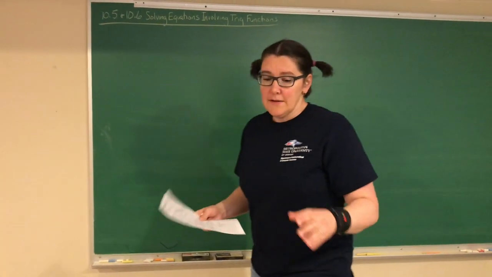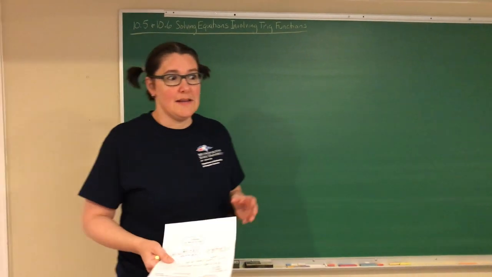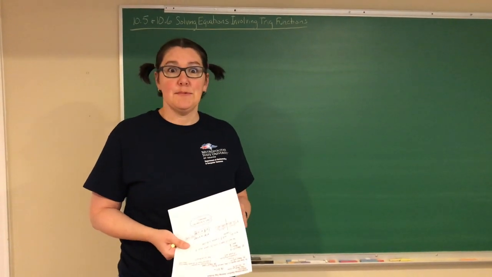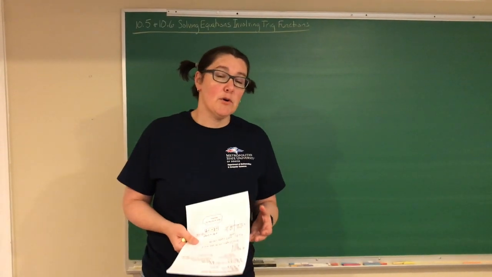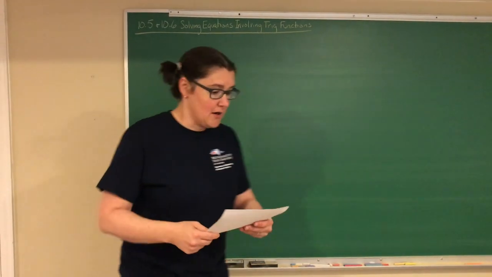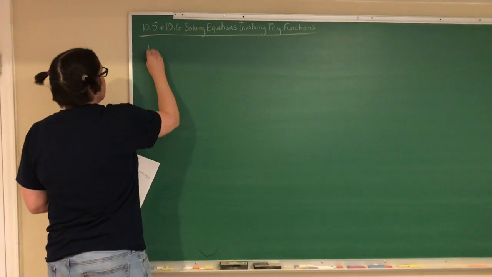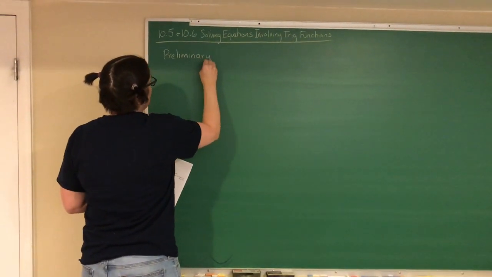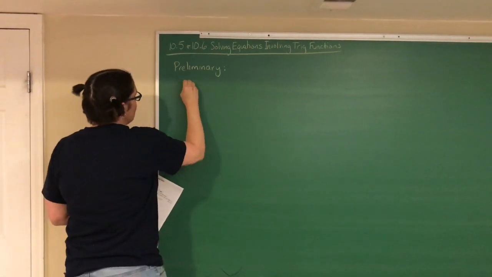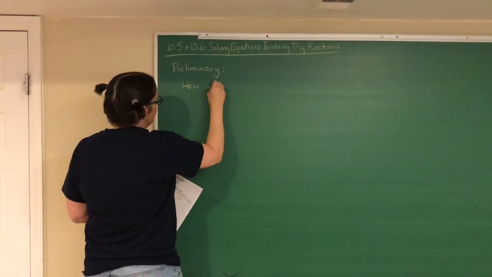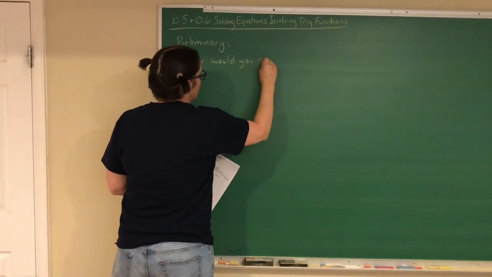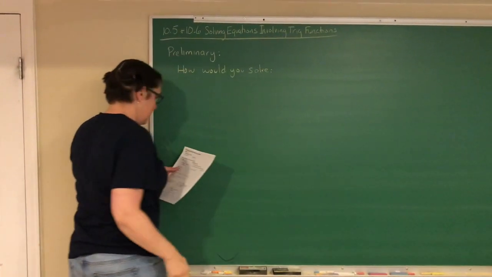Okay, so in the last remote assignment, I gave you some warm-up problems to start thinking about these types of equations. I have a few more warm-up topics that I want to talk about. So here is a preliminary idea. The question that I'd like to ask is, how would you solve the following two equations?